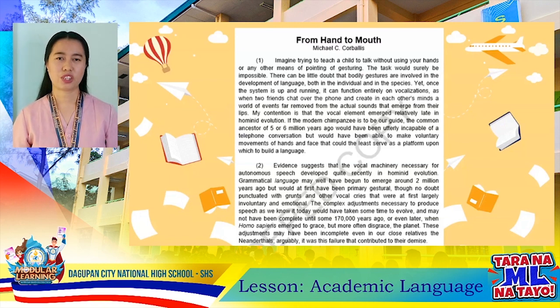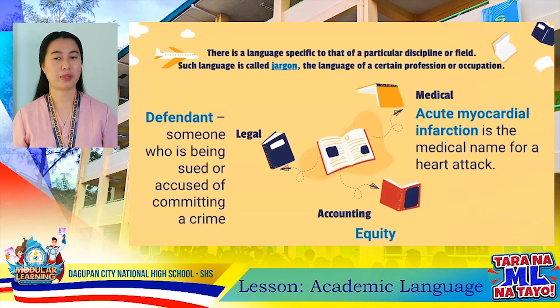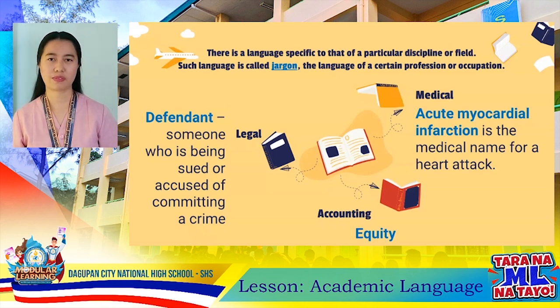There is a language specific to that of a particular discipline or field. Such language is called jargon, the language of a certain profession or occupation. Jargons are words used only in specific field or by a specific profession. There are terms only for legal and medical practitioners which are not commonly used by other professions.